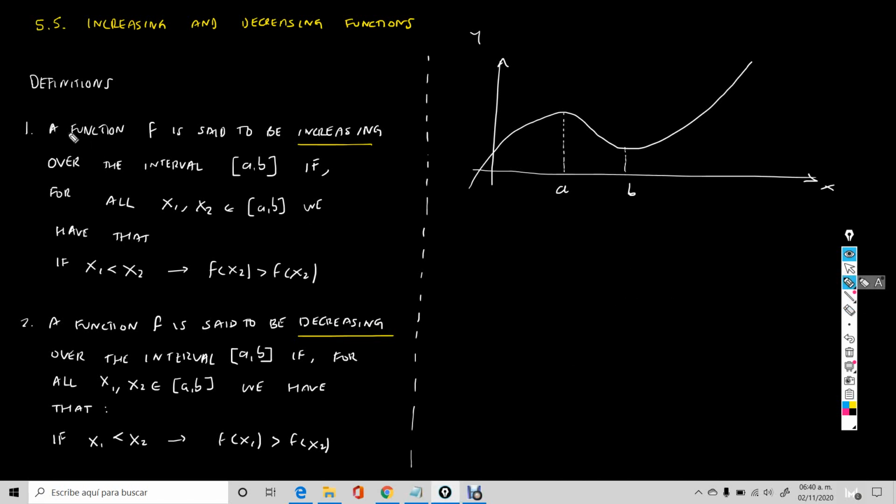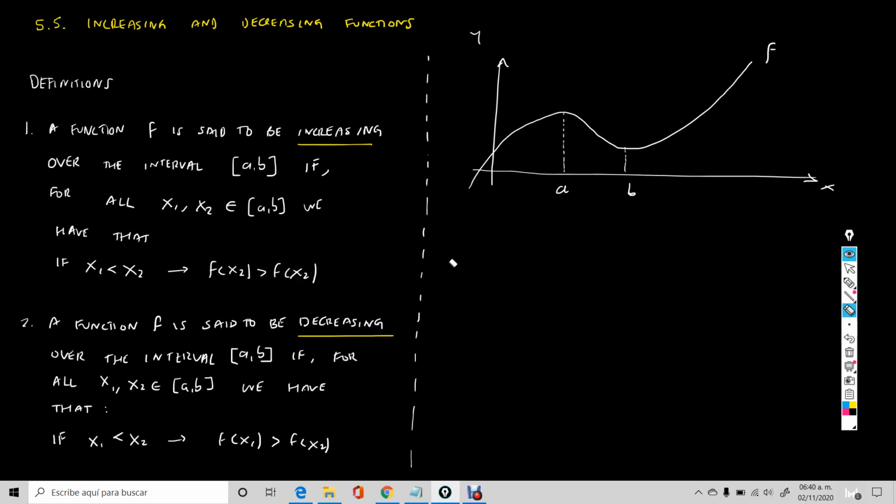Number one says a function f is said to be increasing over the interval (a, b) if for all x1 and x2 in such interval (a, b), we have that if x1 is less than x2, then f of x2 is greater than f of x1.